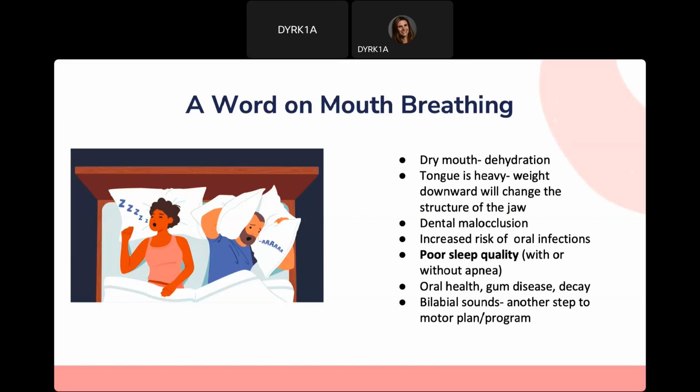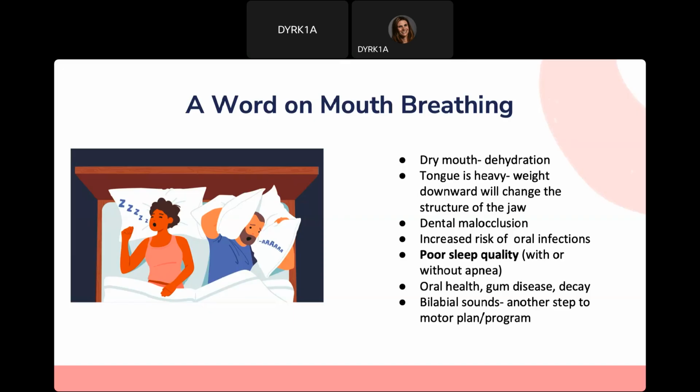So if I have some resources too I can talk about, but if you suspect your child has breathing difficulties at night, I would absolutely go get a sleep study done, so you can know leading to lack of oxygen or not, just because of how important it is.